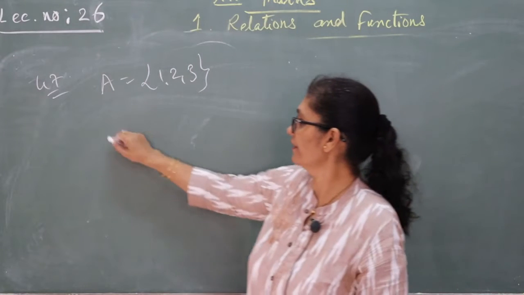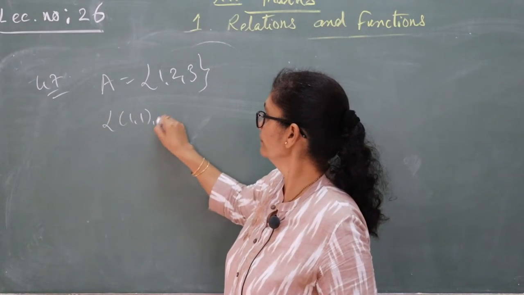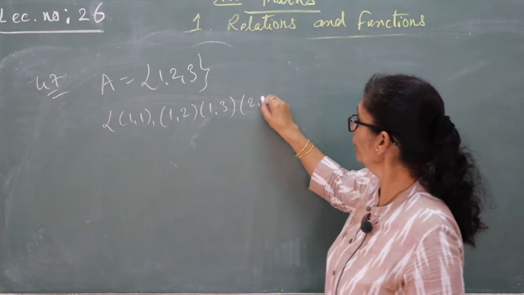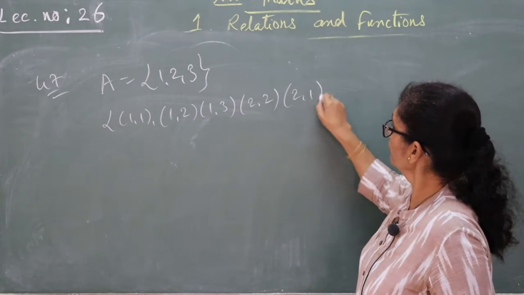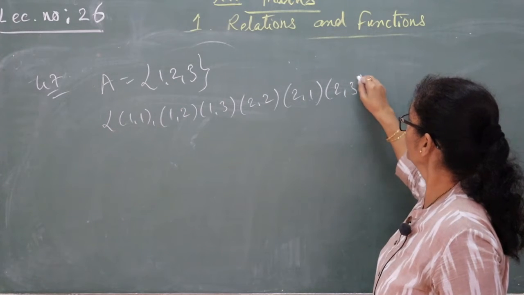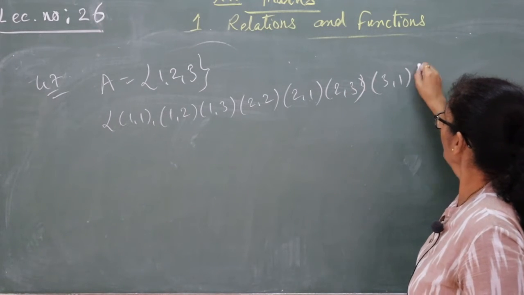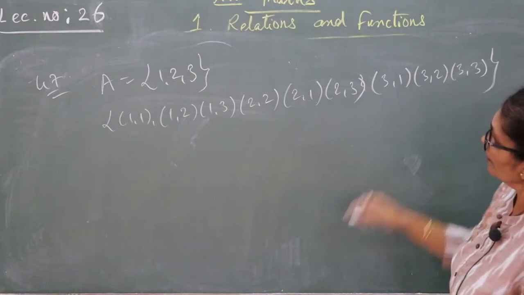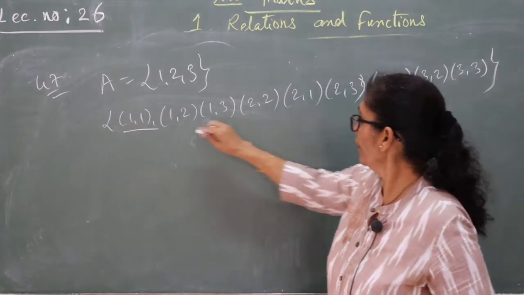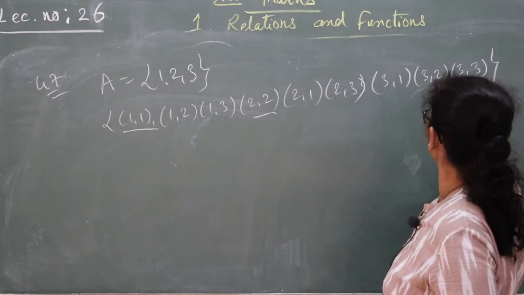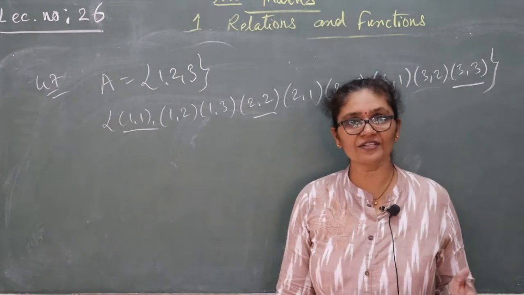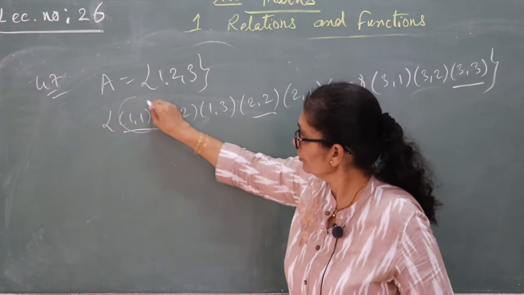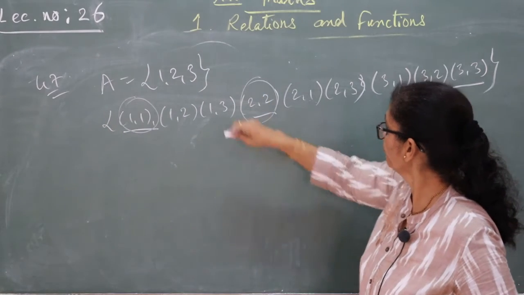How many ways can we write them? First 1 with 1, 1 with 2, 1 with 3, 2 with 2, 2 with 1, 2 with 3, then 3 with 1, 3 with 2 and 3 with 3. This way we get the relation. If we have (1,1), (2,2) and (3,3), from this result you can say it is reflexive, because it is the relation of each number with itself.